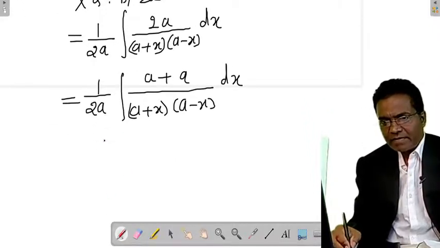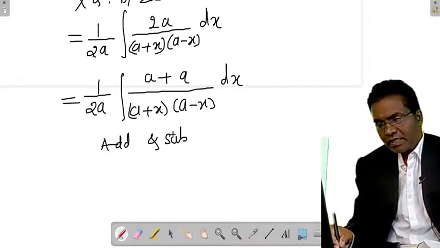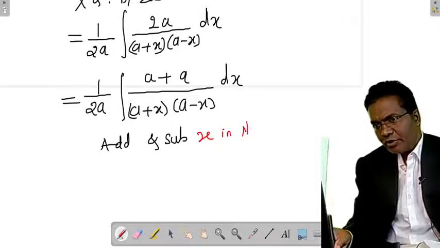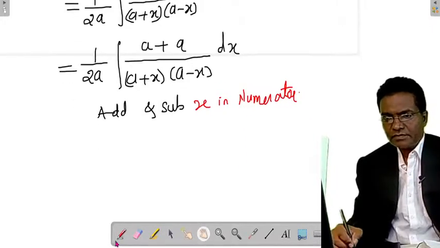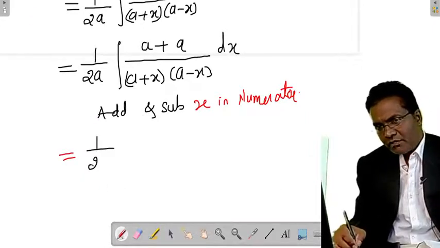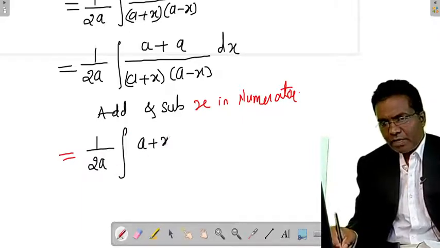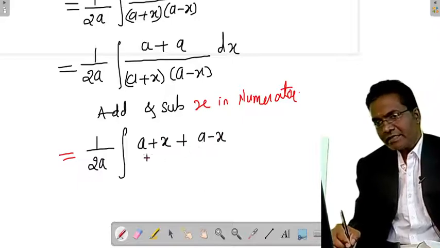Now add and subtract x in the numerator. So see here what we will get. It's 1 by 2a integration of a plus x plus a minus x. I have added and I have subtracted.